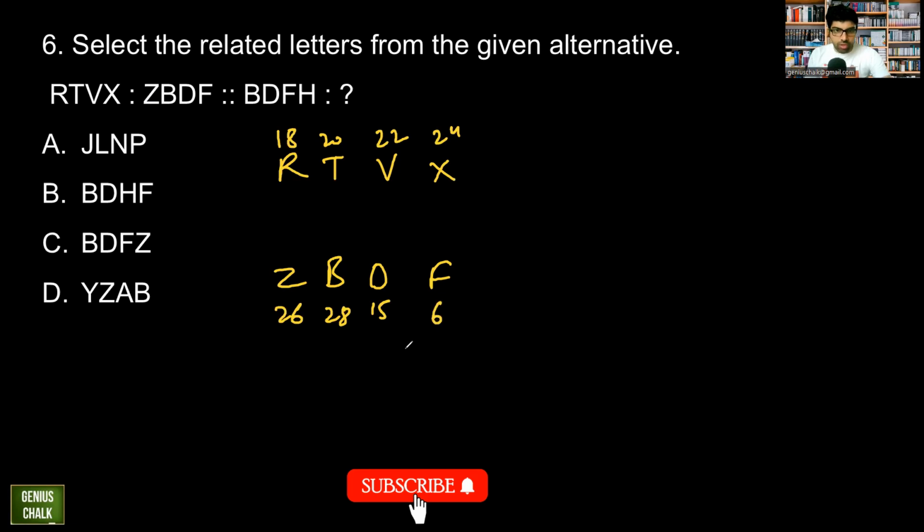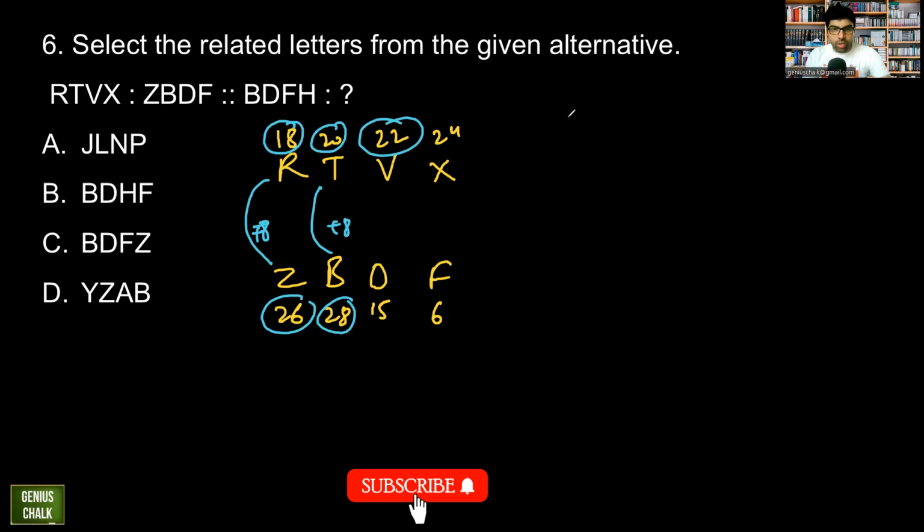Now check the difference. 18 and 26 are having a difference of plus 8. 20 and 28 having a difference of plus 8. 22, then we have plus 4, it will be going to Z plus 4, and it's D, not O.